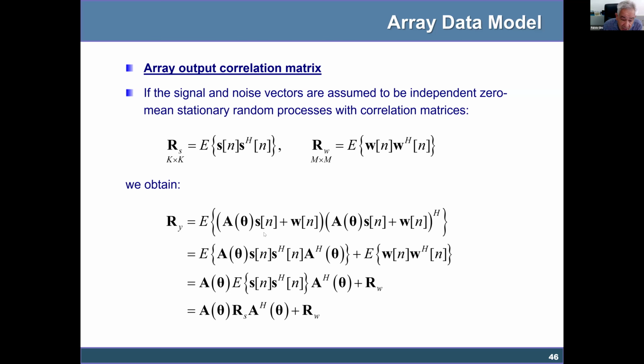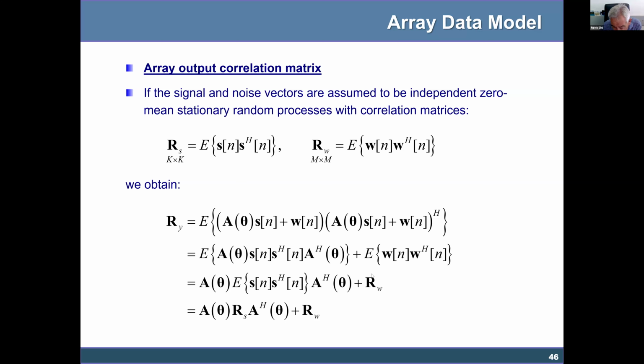Now, because S and W are uncorrelated, all the cross terms are 0. So the correlation matrix of the sum is the sum of the correlation matrices: the correlation matrix of the signal, the first term, plus the correlation matrix of the disturbance, the second term.